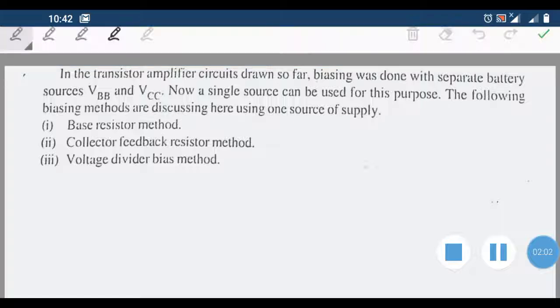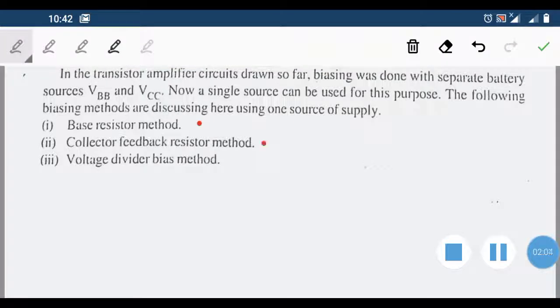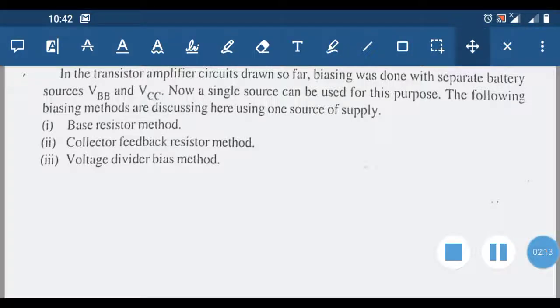These are the transistor bias methods which we are discussing: base resistor method, collector feedback resistor method, and voltage divider bias method. Okay, now we can come to the first case.